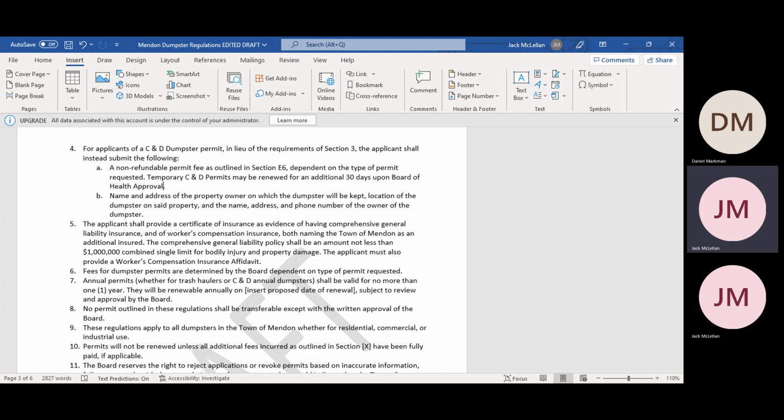And most of the companies that I can think of haul more than just C&D. Right. And temporary dumpsters can be used for more than just C&D. Like I mentioned, a house clean out, or a landscape contractor may hire a dumpster for a renovation of someone's landscape, and now they're hauling organic material.